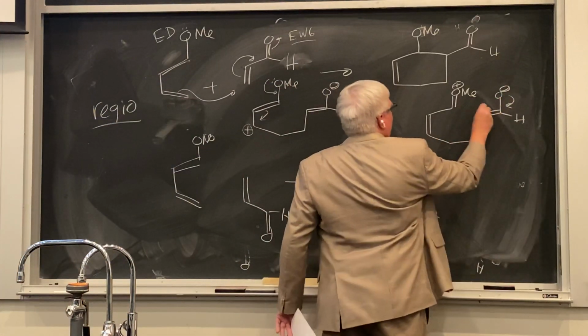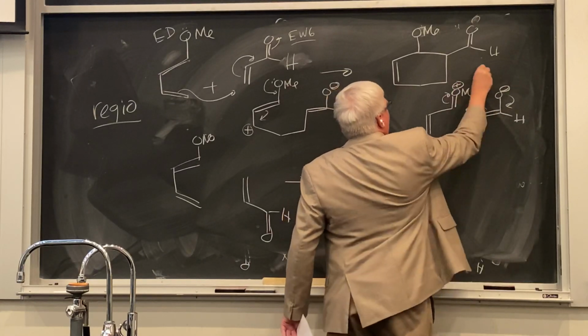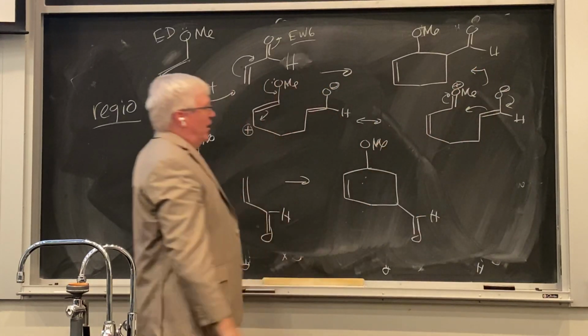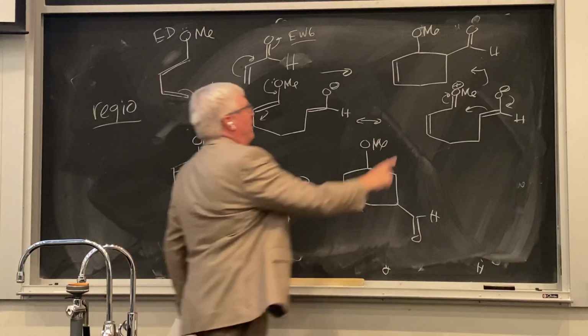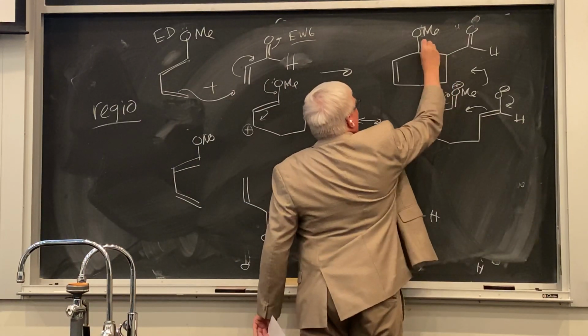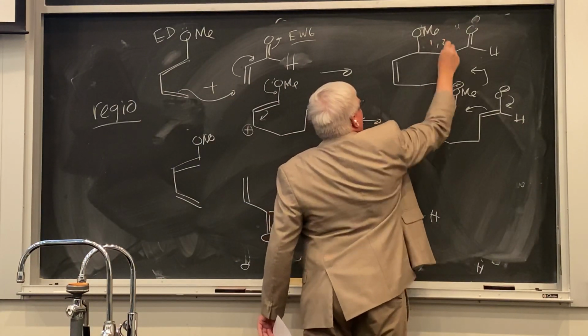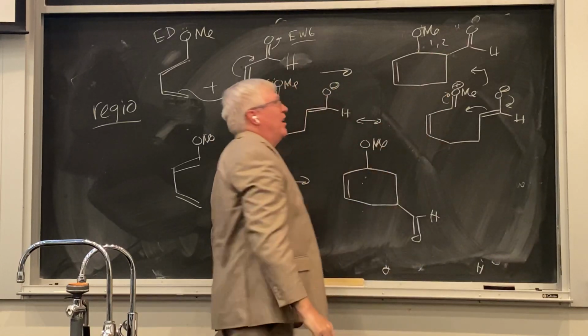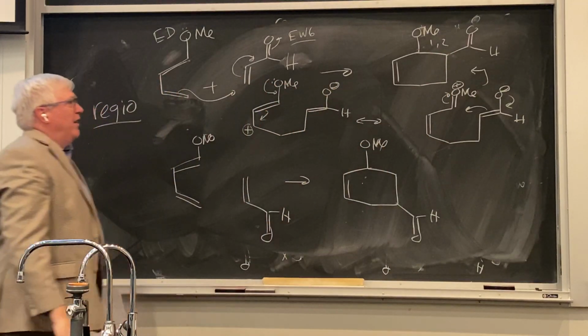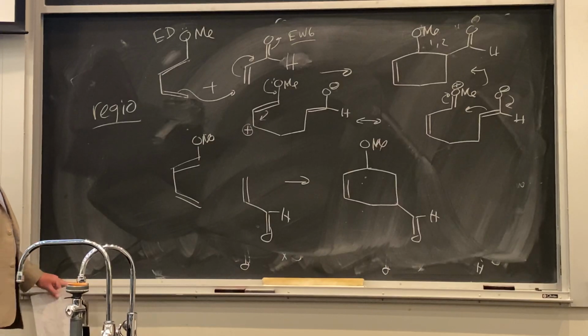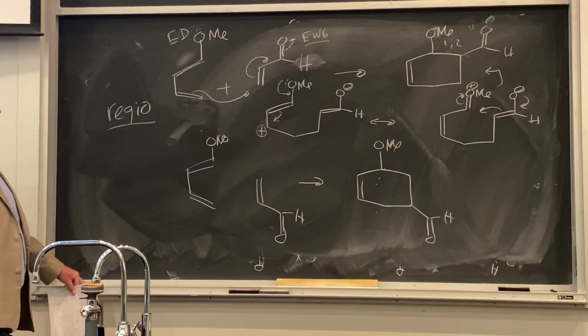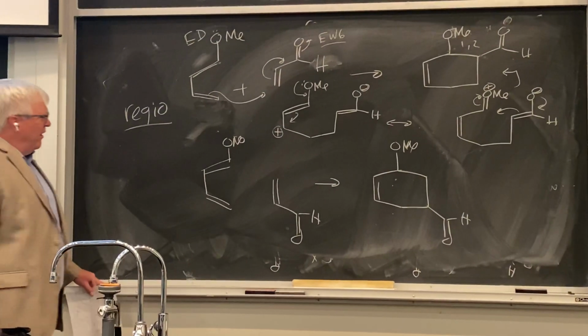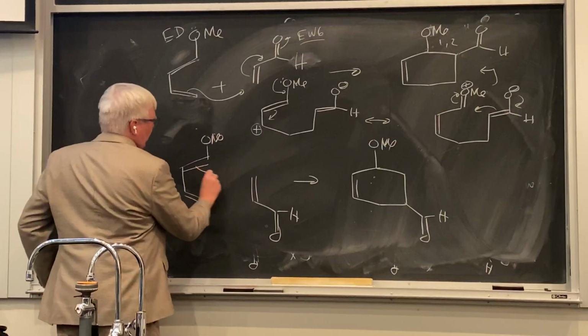Bring the lone pair down, push it over and up there, and that goes directly to that product. That's only one product, though, where they're what? 1, 2 to each other. They're adjacent to each other. And I'm just using that as a designation. It's not necessarily the naming there. In fact, we don't know how to name those cyclic type of aldehydes, but don't worry about that. They're just together.